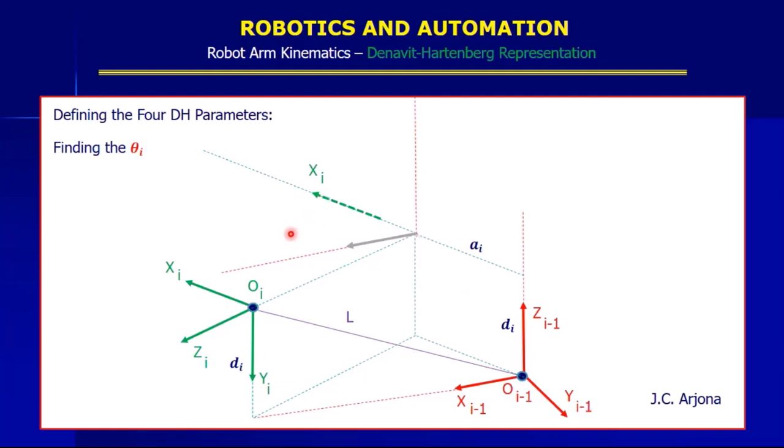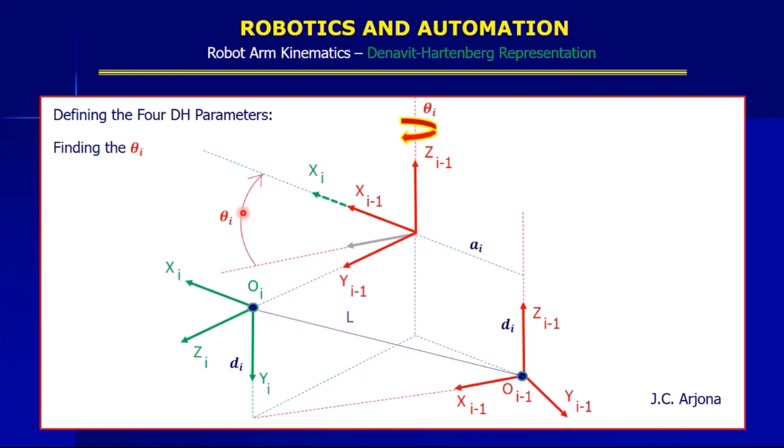To do that, we will rotate the zi minus 1 axis as defined as our theta I. When we rotate this one in this manner, it's clockwise, this will approach our xi minus 1 to xi. So this is our theta I.